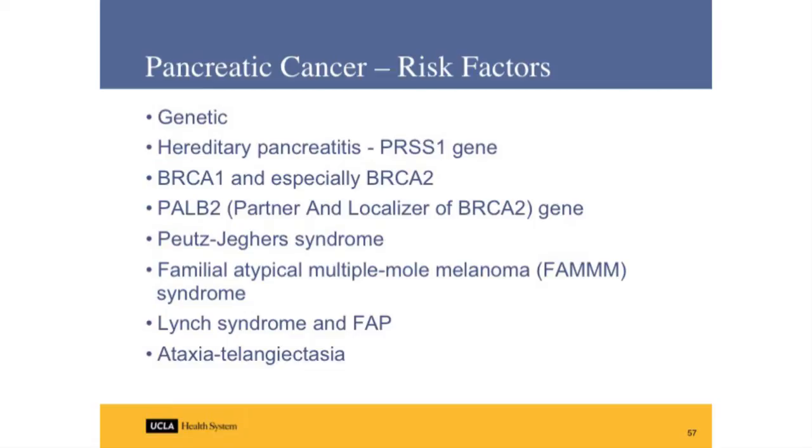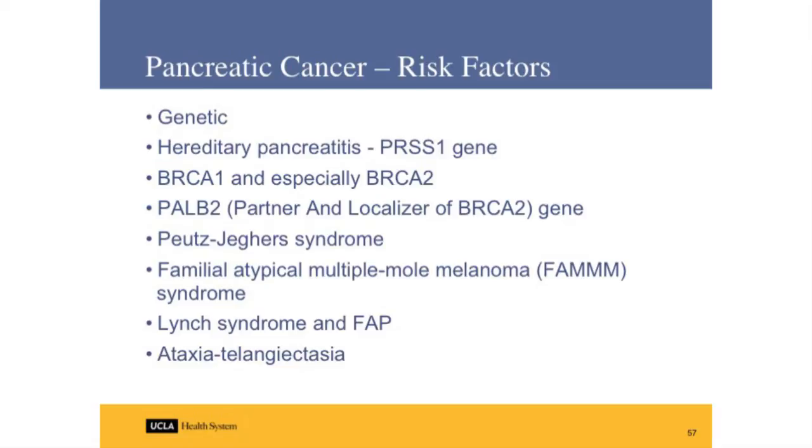And then another gene called the PALB2 gene is also another risk factor. There's a syndrome called Peutz-Jeghers syndrome, which is a condition where you develop lots of polyps in the colon. Those patients have an increased risk as well. There's familial atypical multiple mole melanoma, which is another hereditary syndrome, and those patients are at increased risk.